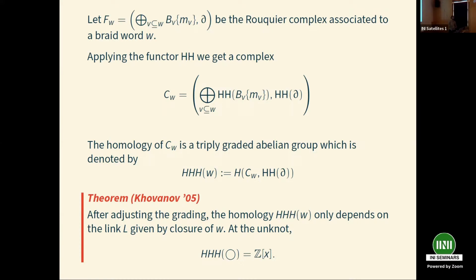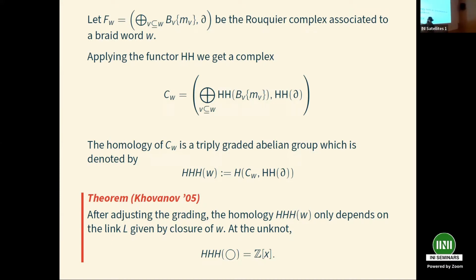But now there is a Hochschild homology, there's a Hochschild complex there. There's also a Hochschild degree. So it's a lot of gradings. It turns out that if you choose your grading conventions correctly, this is the link invariant. This is what's called the Khovanov-Rozansky triply graded link homology. So this is a rather large thing.